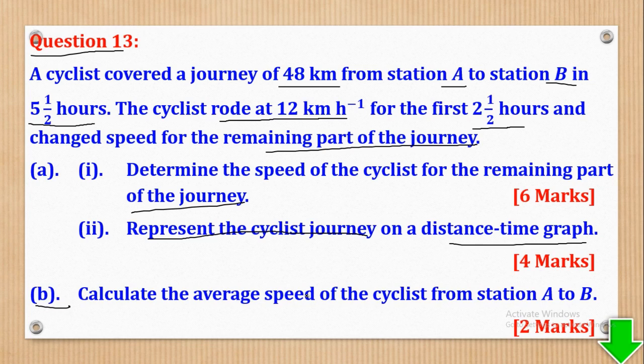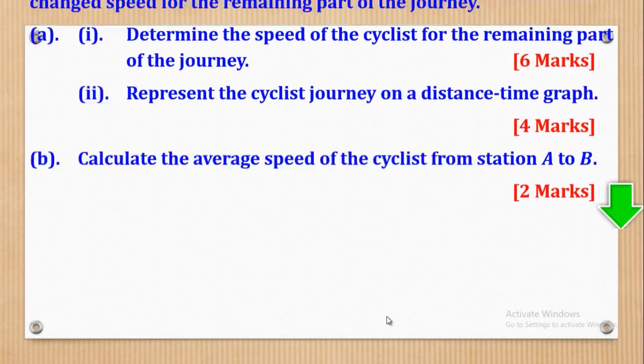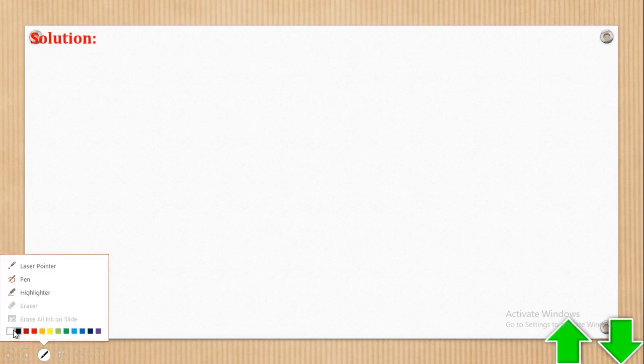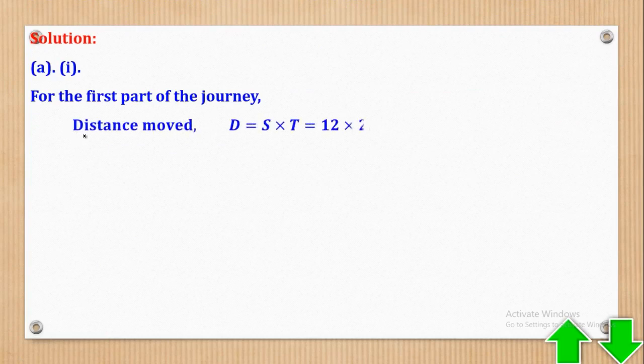So let's start with Roman 1. For the first part of the journey, we know that distance moved is equal to speed times time. So speed was 12 kilometers per hour and time was 2.5 hours. When I multiply these two, I'll come up with 30 kilometers.